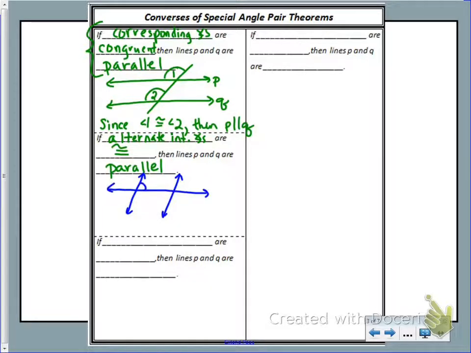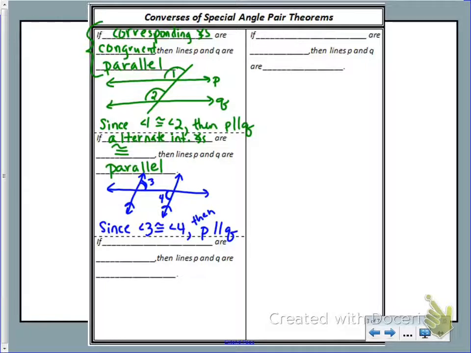So for example, if angle 3 and angle 4 are congruent, and according to this picture, this marking tells us angle 3 is congruent to angle 4, then the justification that we can say is that the lines are parallel because of the angle relationship. So since angle 3 is congruent to angle 4, we know P is parallel to Q. So again, this is not our explanation. This is just a description of what's happening in the picture.